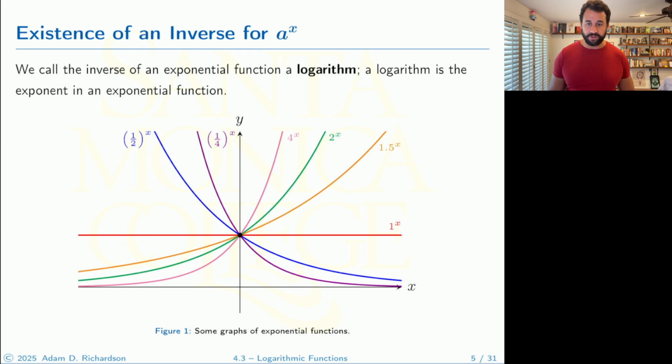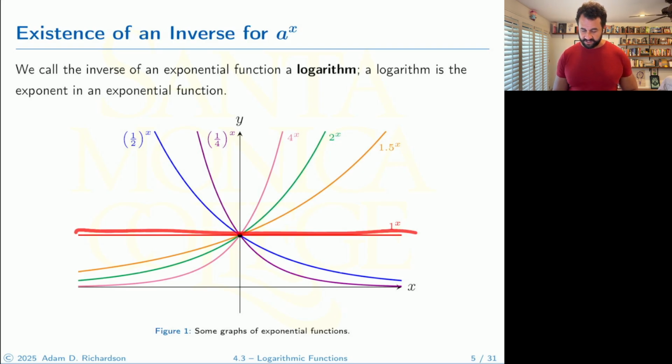A quick little note here looking at these graphs. This is one of the reasons why we don't include the function 1 to the x as an exponential function, because its graph doesn't pass the horizontal line test, right? It fails the horizontal line test miserably. In fact, it fails it as poorly as you possibly could because it is a horizontal line.